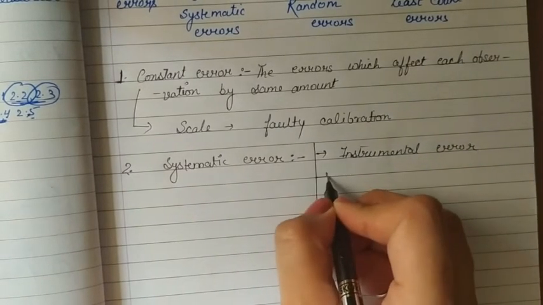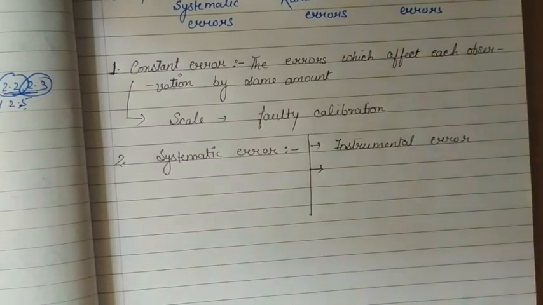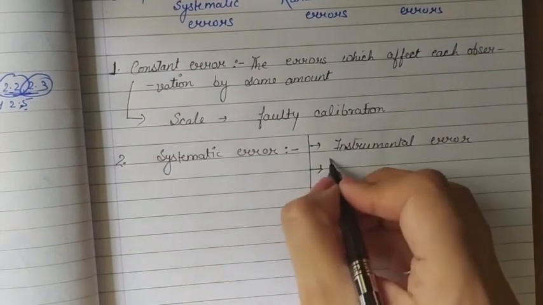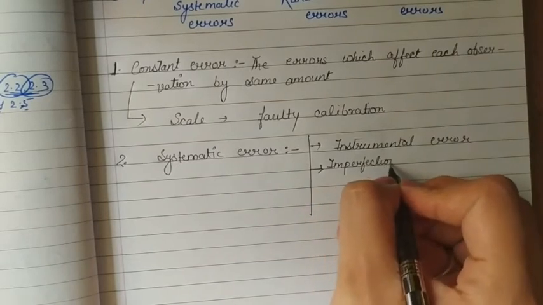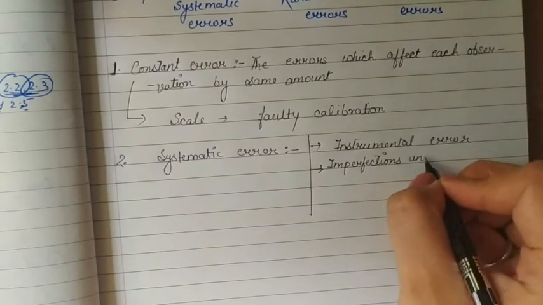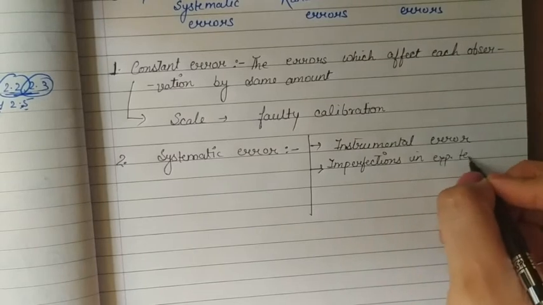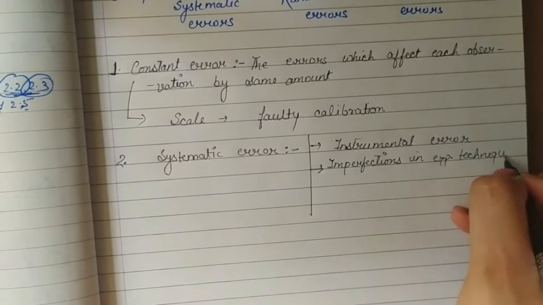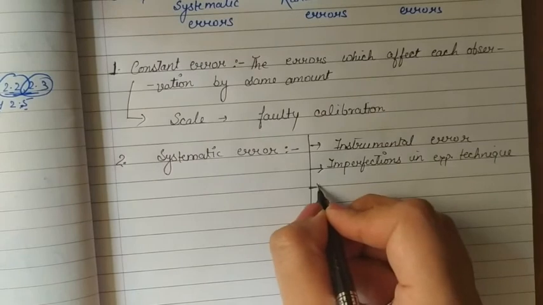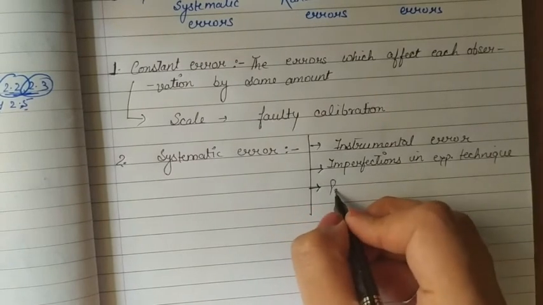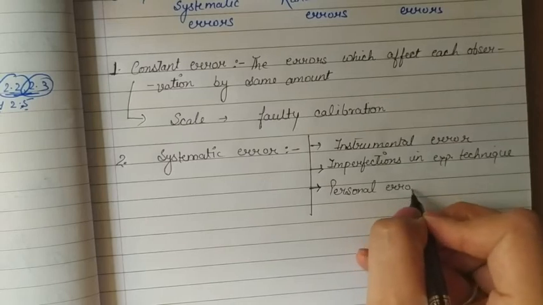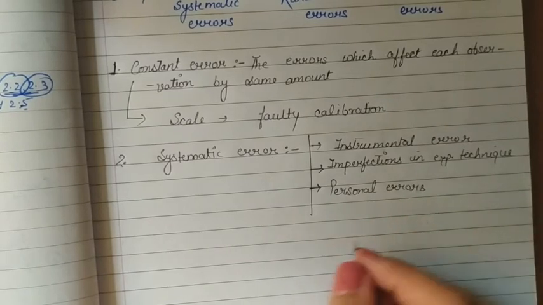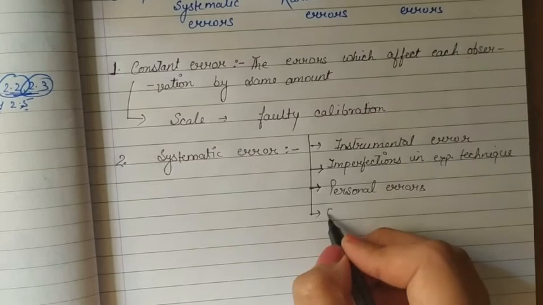Second is imperfections in experimental technique. Third is personal errors. And the fourth one is errors due to external cause.